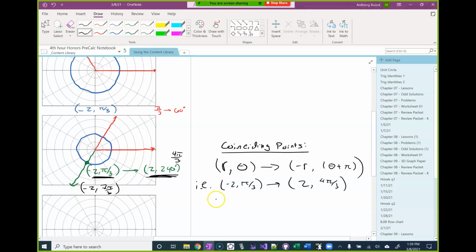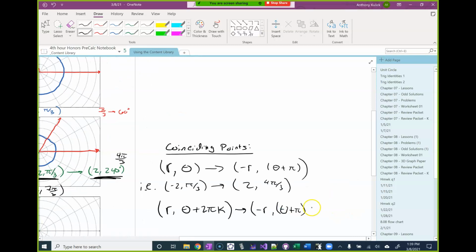And if we generalize further from there, anything coterminal would also coincide. So far, so good.